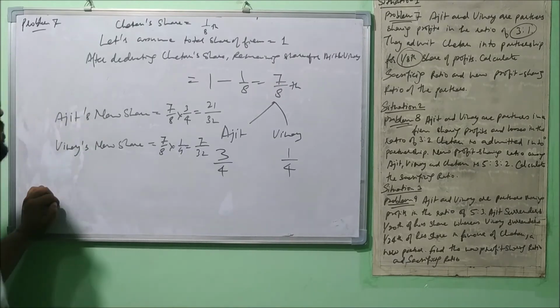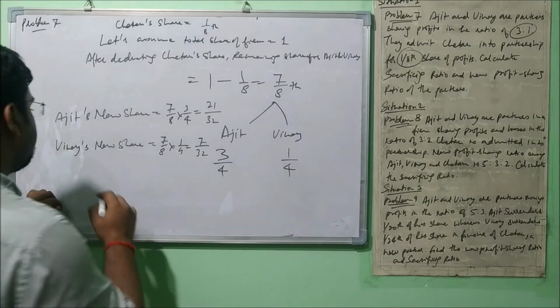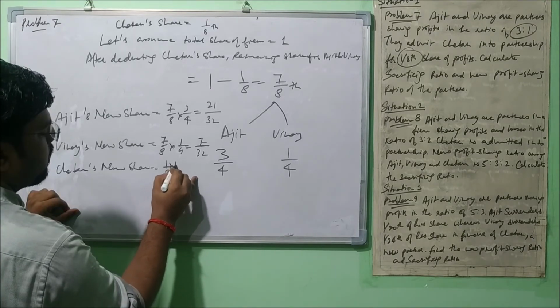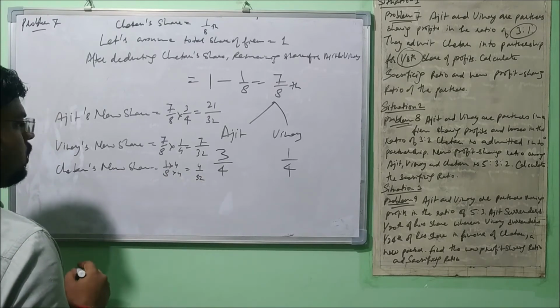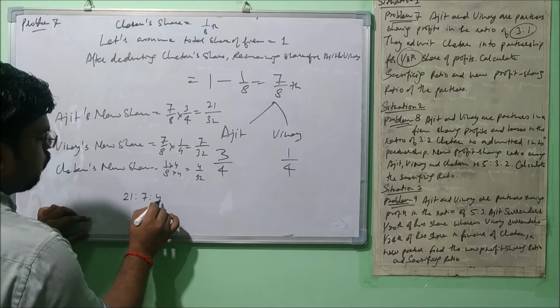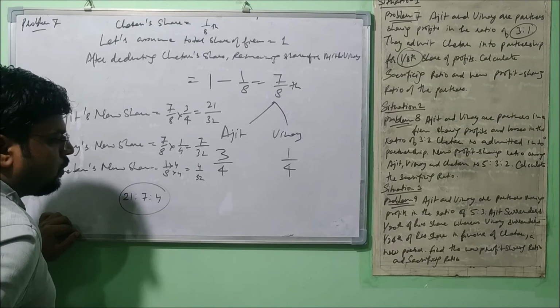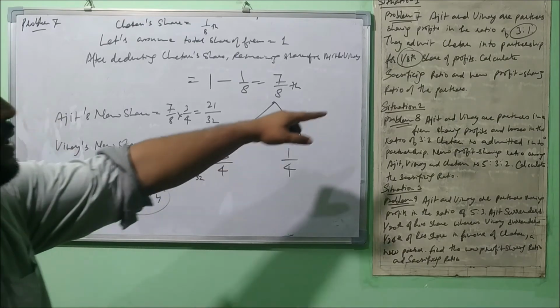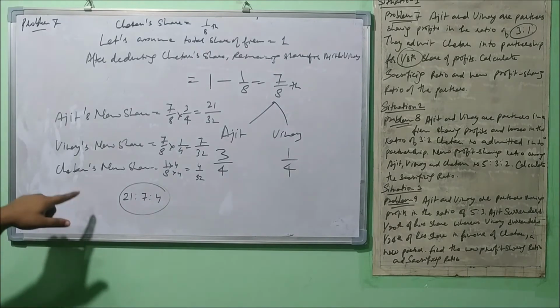Ajit's new share will be 21/32 and Vinay's new share will be 7/32. Chetan's 1/8 we will have to multiply by 4. It becomes 4/32. So we see the new ratio is 21:7:4. This is the new ratio because the question asks for the new ratio also. We have calculated the new ratio already in problem 1. We have discussed the same procedure.